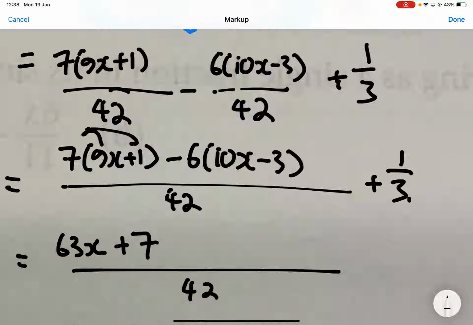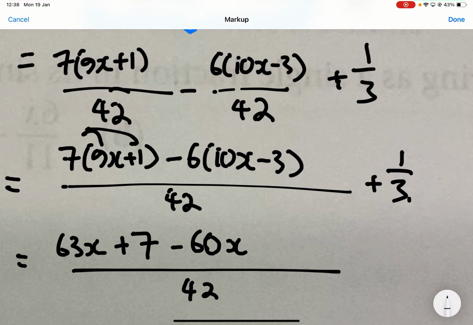Then I am subtracting everything inside. So my minus 6 must multiply 10x. Negative times positive. Okay? So negative 6 times 10x, 60x. Then my negative 6 is multiplied to negative 3 also. I am subtracting 6 times of negative 3.